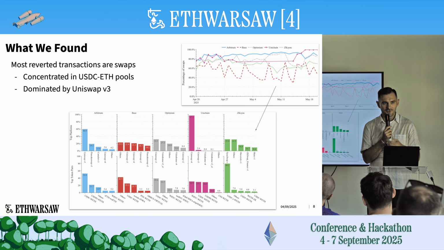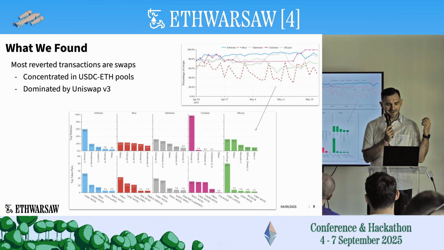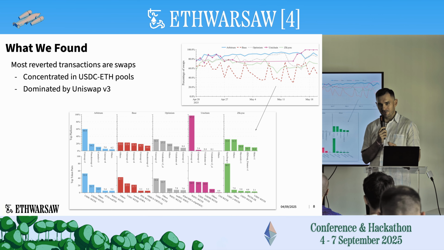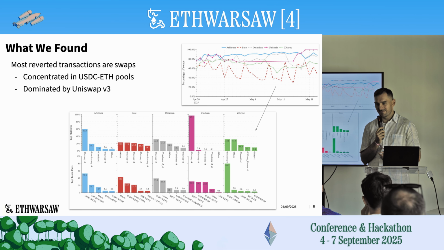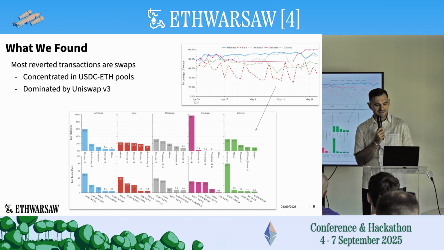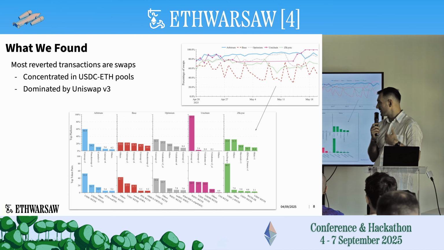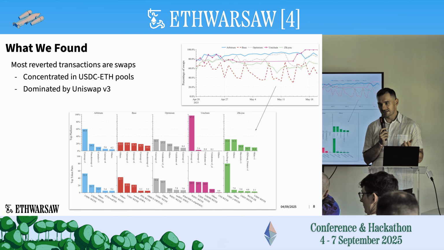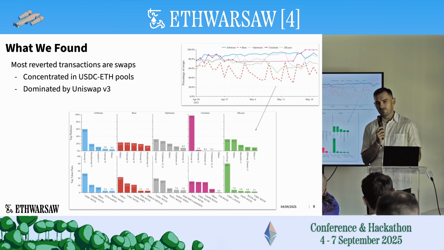And what was even more interesting, from those reverted swaps, more than half were trying to do swaps at Uniswap V3, and they were trying to trade only one cryptocurrency pair, USDC and ETH, which is providing more evidence that those reverted transactions are simply those speculative MEV attempts.